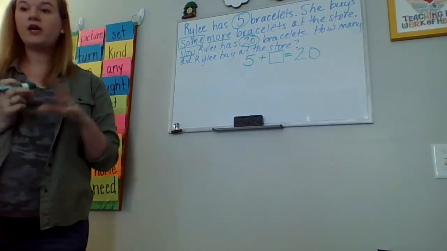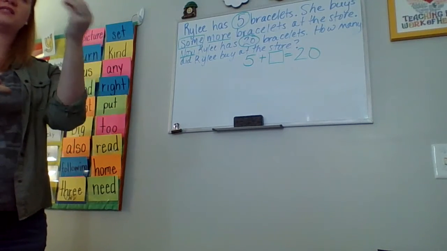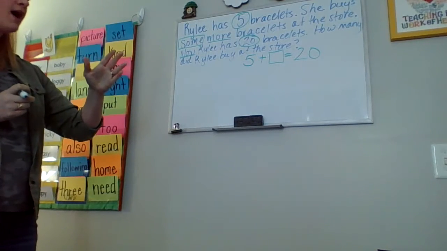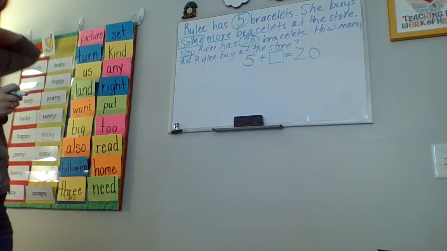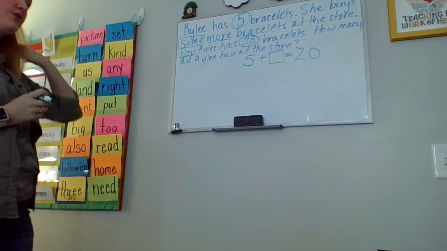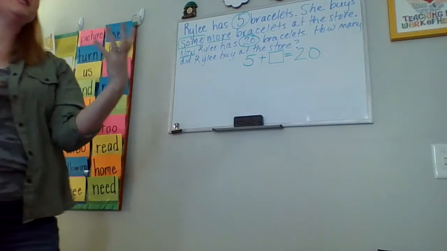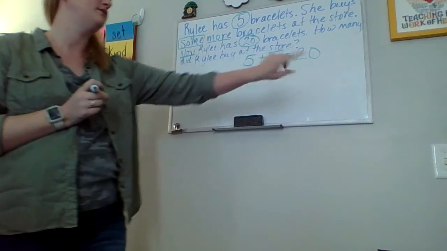Now, you can use a part whole model. That's probably easiest because that's like pictures. You can use an open number line if you'd like. I think tens and ones would be a little bit tricky for this one because you have to figure out that missing part in the equation. Tens and ones work is when you're finding the sum or the difference, the answer.